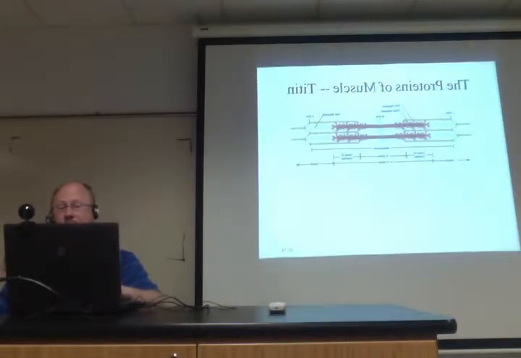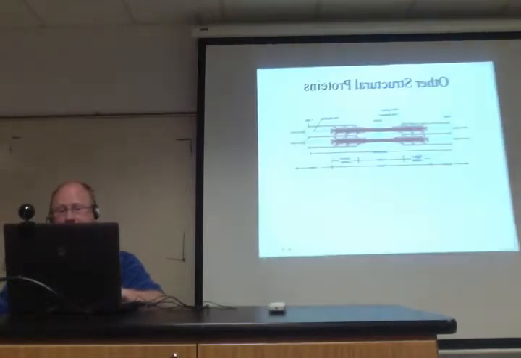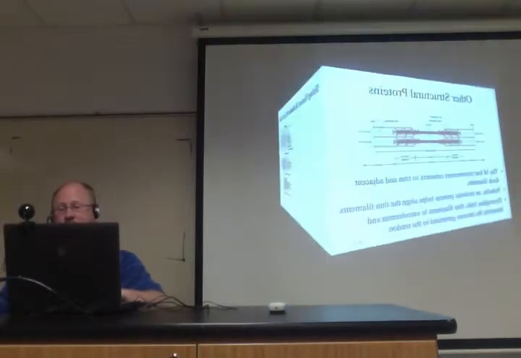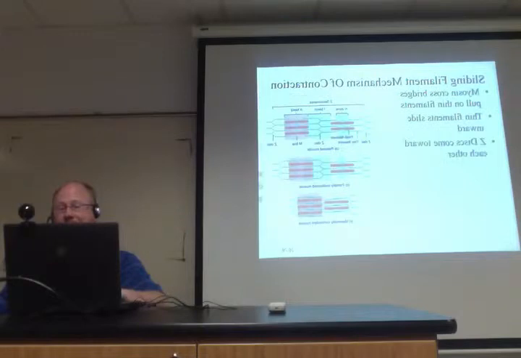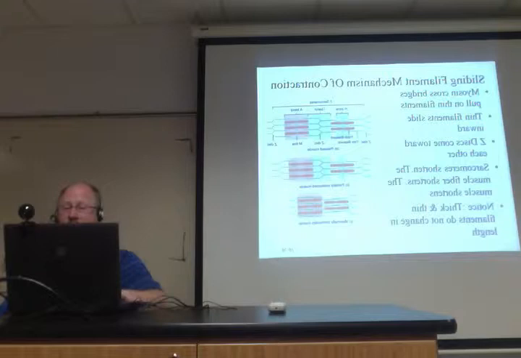We saw that there was some overlap between the thick and the thin filament here in the A band in the zone of overlap. We mentioned some of those other structural proteins that maintain the alignment. We know when it comes to muscle contraction that there is no crinkling up of these filaments, but that these filaments are going to pass on top of one another, that they slide past one another.